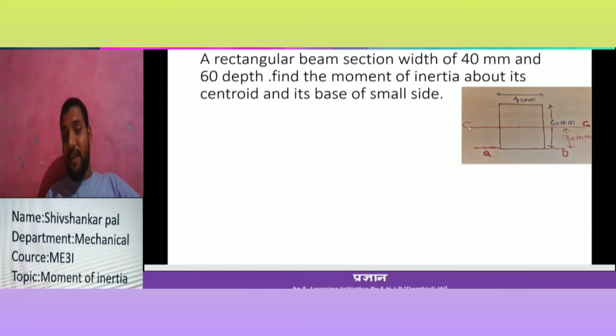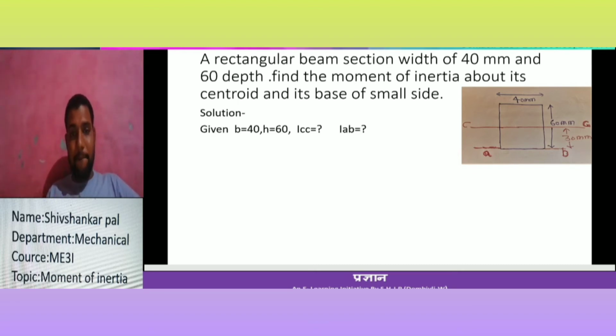In the given problem, find the moment of inertia about the x axis and about the AB axis. This is the width, that is the height. Find the moment of inertia about the centroidal axis and about AB, the base of the rectangular section.